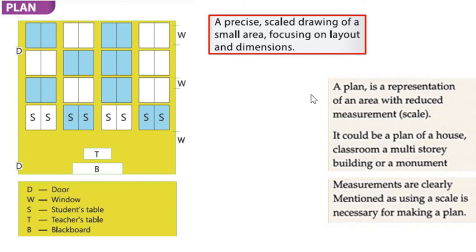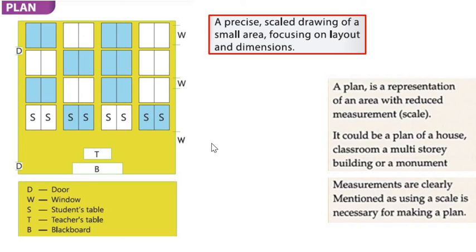So a plan is a representation of an area with reduced measurement scale. It could be a plan of a house, classroom, multi-story building, or even a monument. And measurements are clearly mentioned, as using a scale is necessary for making a plan.